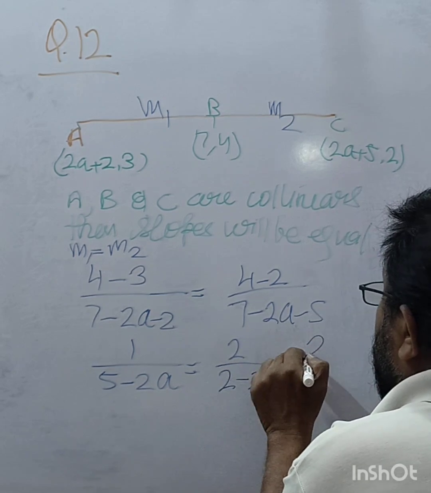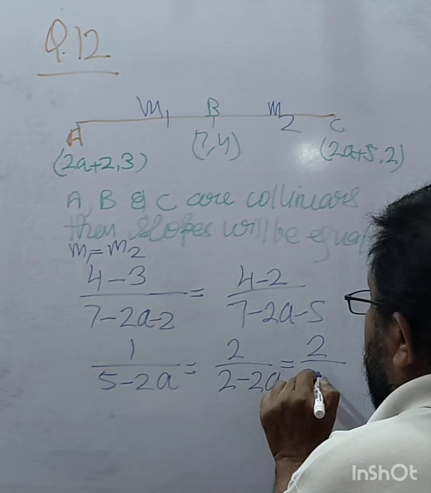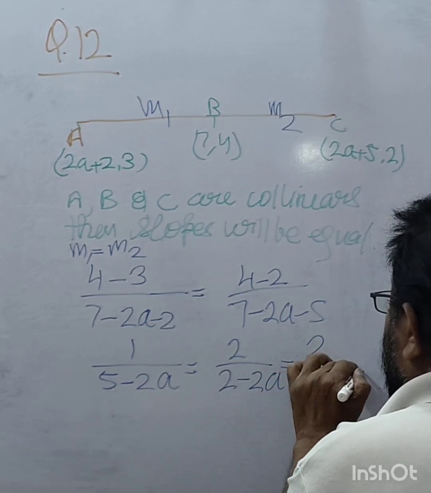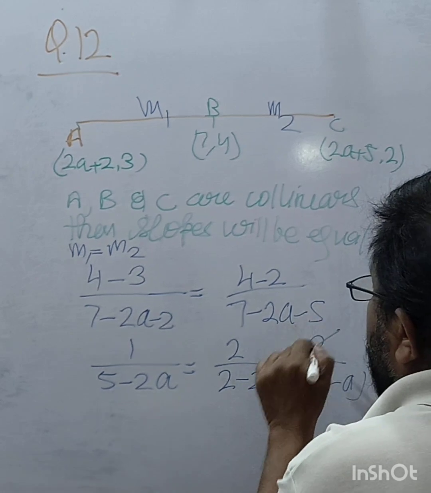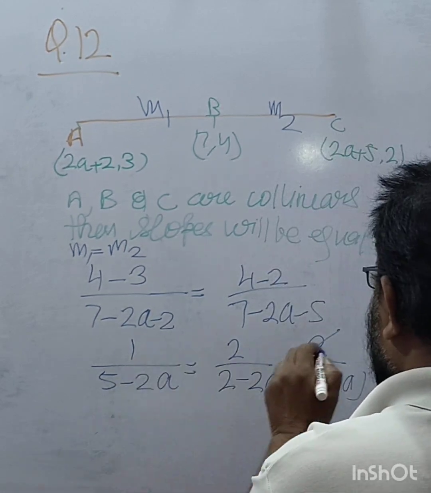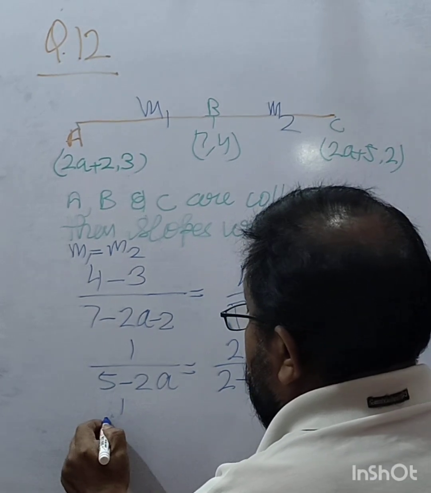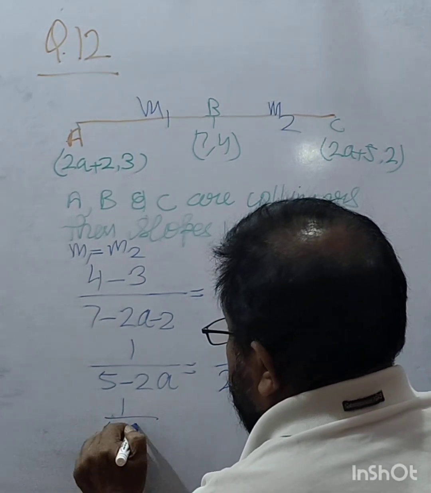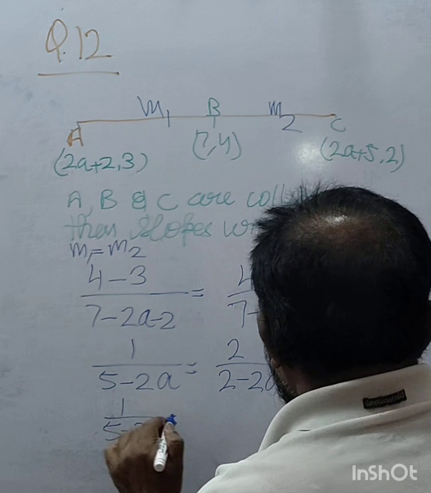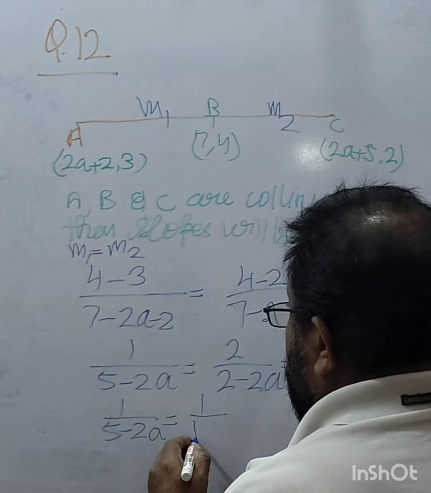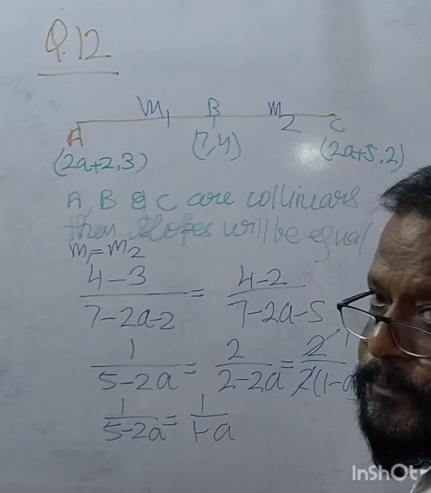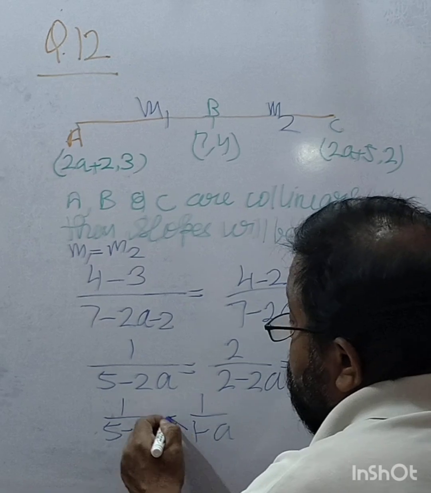So you can write 2 upon 2 bracket 1 minus a. This 2 and 2 cancel out. So now you write 1 upon 5 minus 2a is equal to 1 upon 1 minus a. We will cross multiply it.